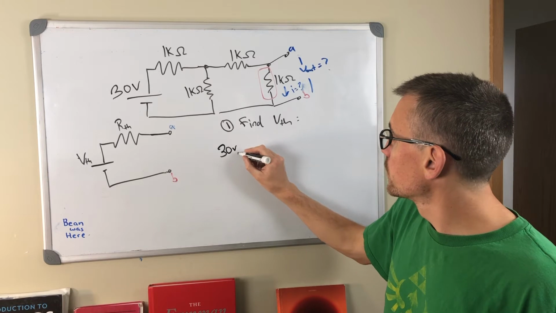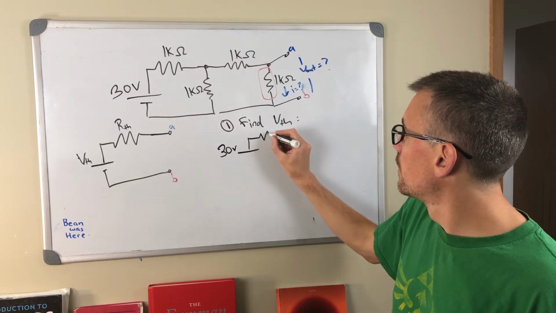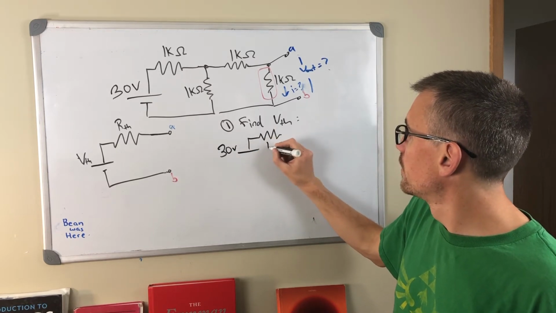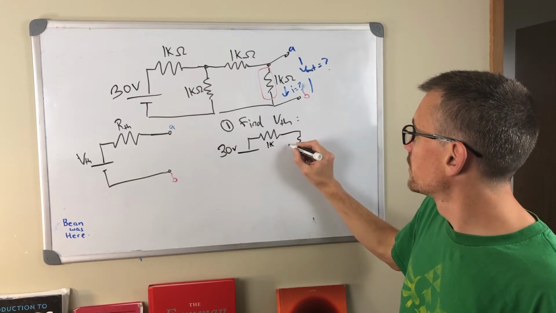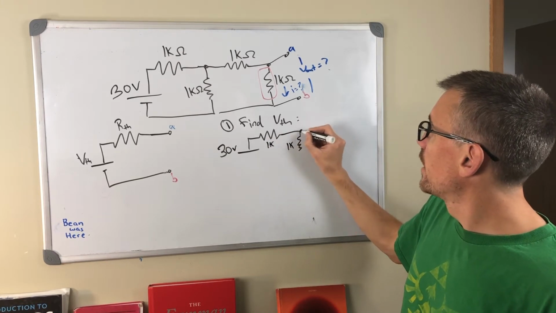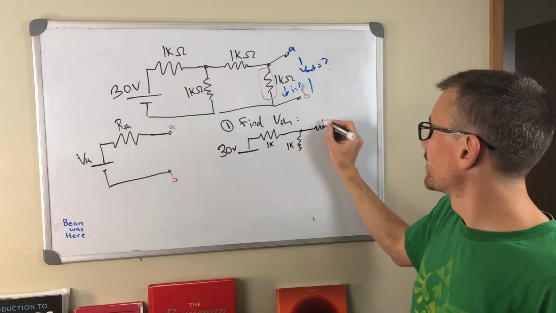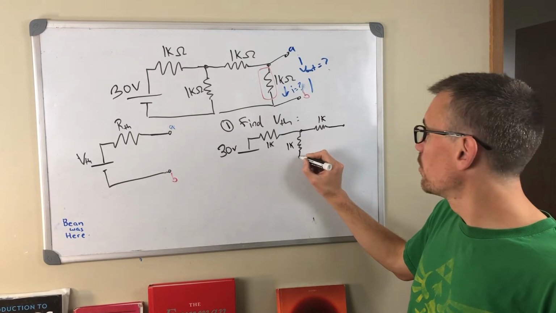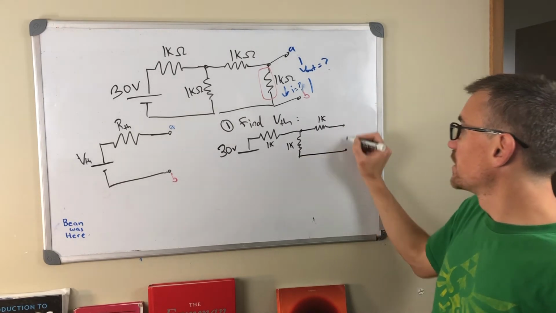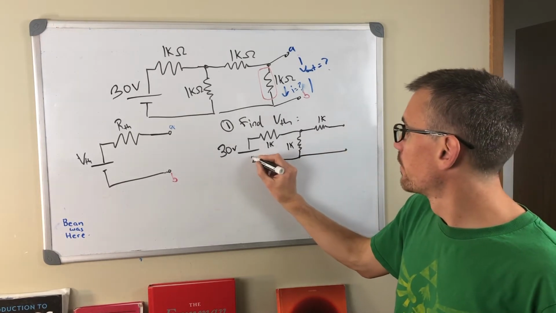We got 30 volts. We have a 1K resistor. We have another 1K resistor. We have another 1K resistor. And when I say 1K, I just mean 1 kilo ohm. And infinite resistance between these points A and B here.